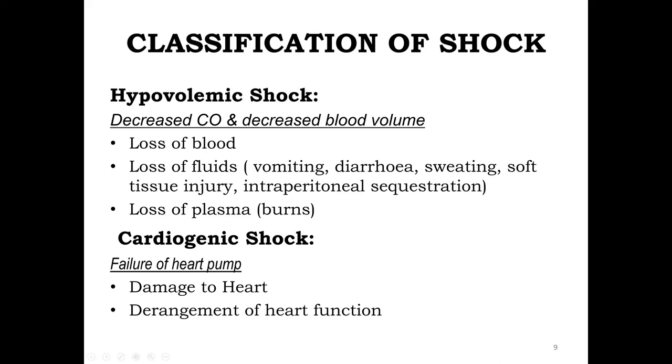Now, we elaborate these types of shock. Hypovolemic shock: there is decreased cardiac output and decreased blood volume, and this occurs due to loss of blood, loss of fluids, which is due to vomiting, diarrhea, sweating, soft tissue injury, or intraperitoneal sequestration.